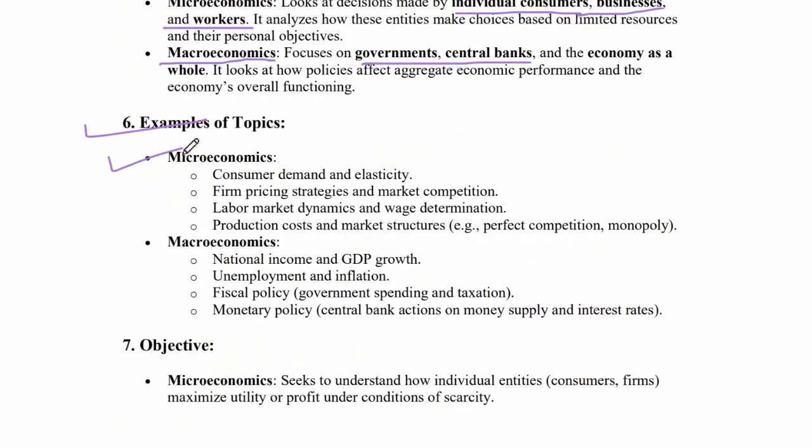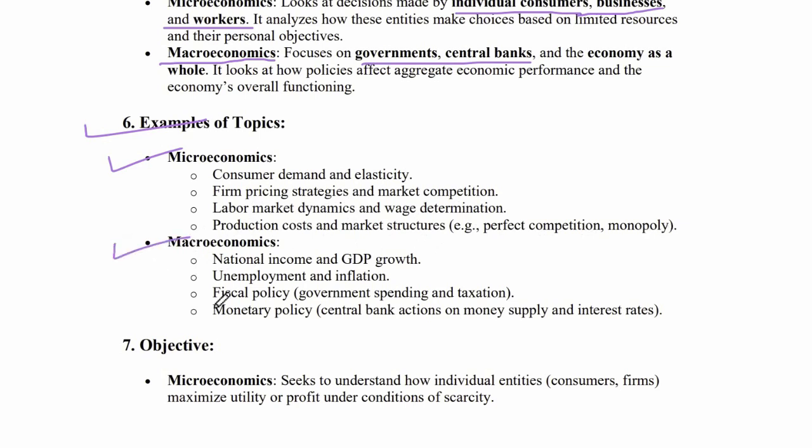Okay, let's look at a few examples of microeconomics. Consumer demand and price elasticity or demand elasticity. Firm pricing strategies, that is pricing strategies of the firms and market competition, labor market dynamics and wage determination, production cost and market structures: perfect competition, imperfect competition, monopoly, monopolistic competition, oligopoly.